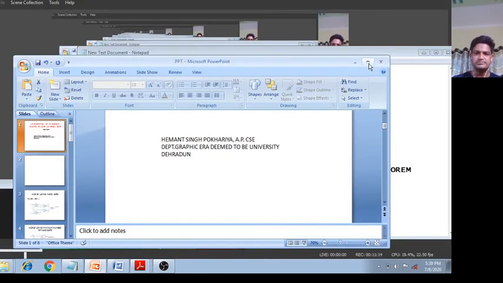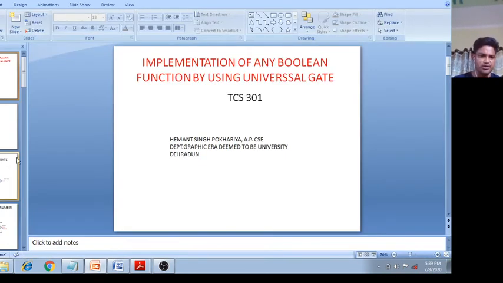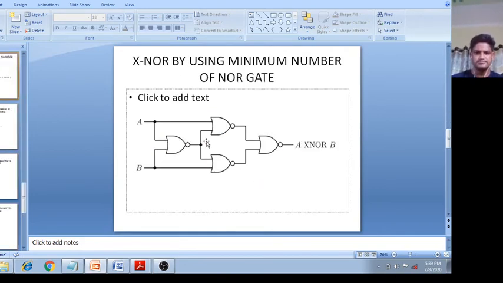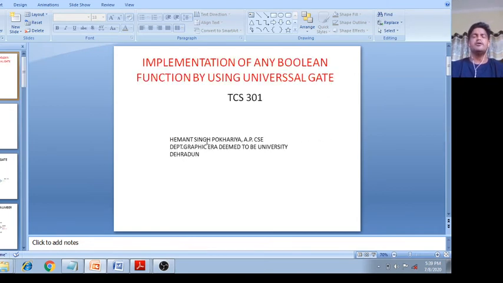Okay, XNOR gate by using minimum number of NOR gates.